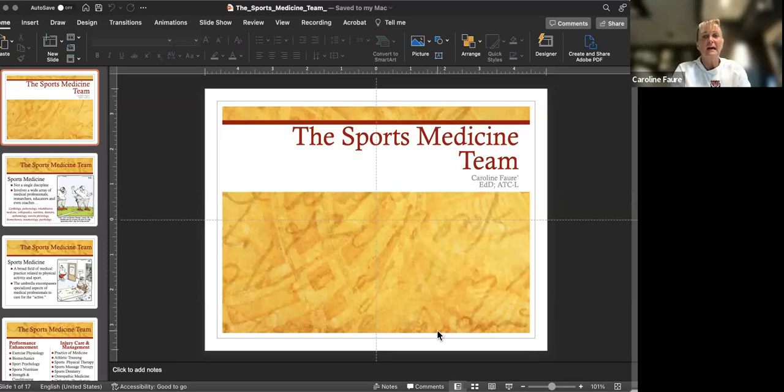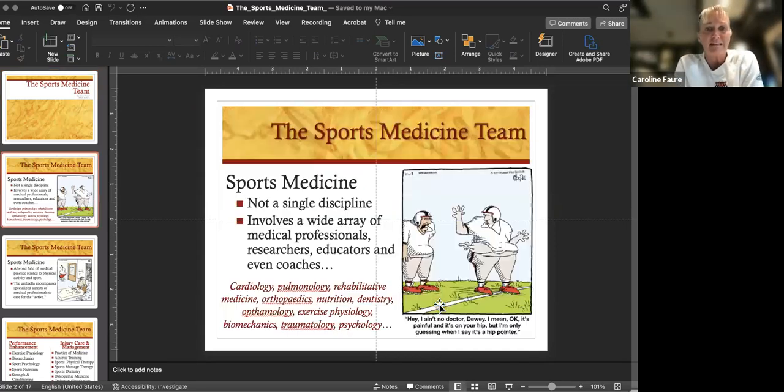My first lesson for you is really dealing with what a sports medicine team consists of. So you as coaches have a definitive role within that sports medicine team. So what is sports medicine? First of all, we need to understand that it is not a single discipline.